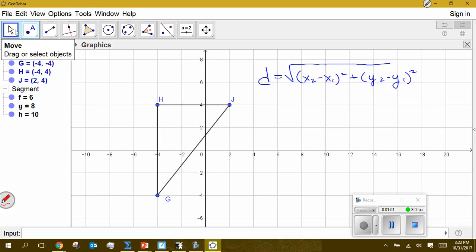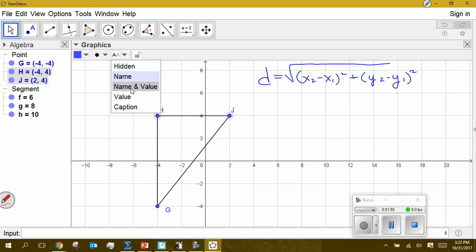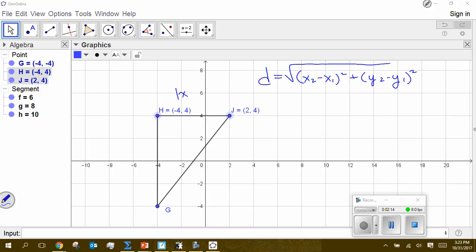If I look at the picture, it's easy to find the distance between H and J. Looking at those ordered pairs, because it's a horizontal line, the y values are the same, so the x values are the only thing I have to worry about. To find the distance of a horizontal line, you simply subtract your x values from one another and take the absolute value.